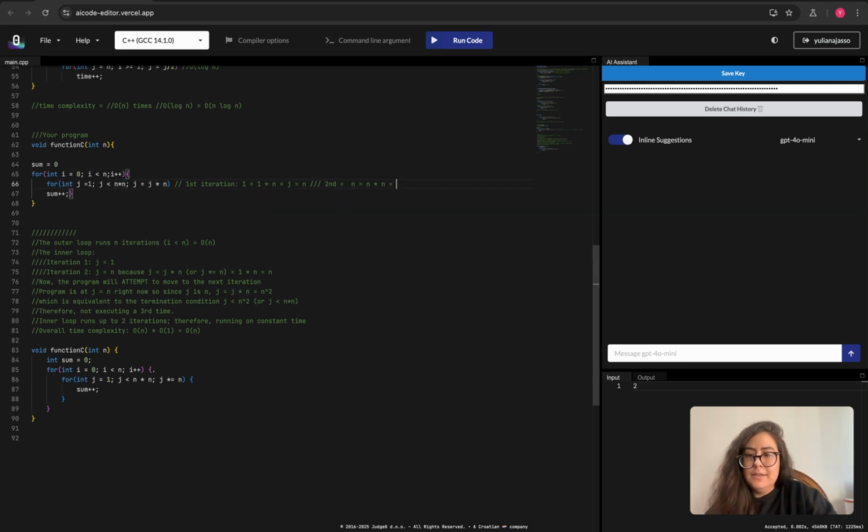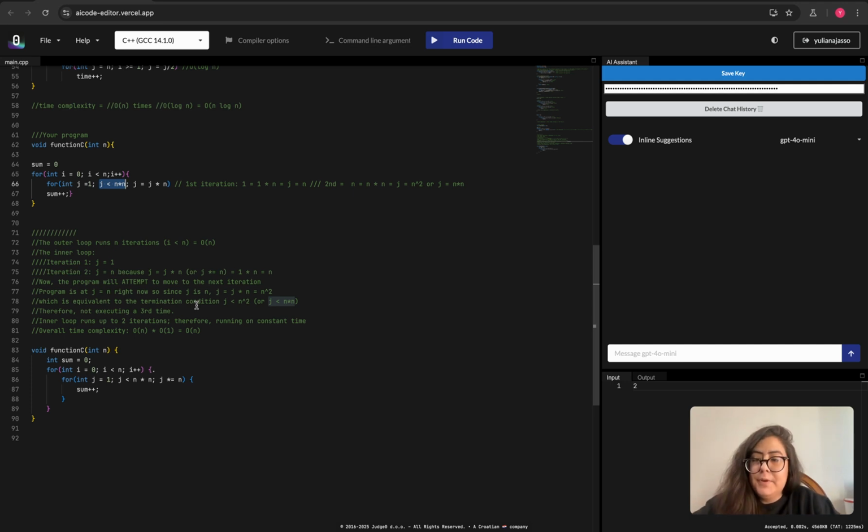It means it was equivalent to the termination condition, because j equals n times n, which is literally the condition over here. Therefore, it terminates there, not executing a third time.